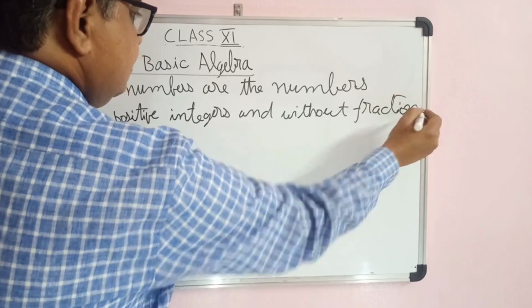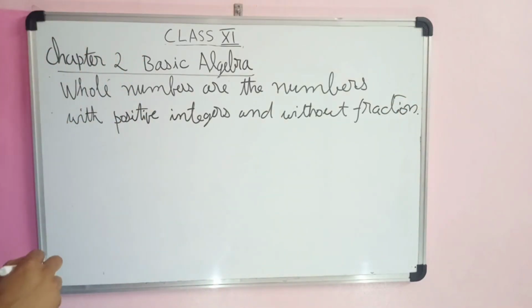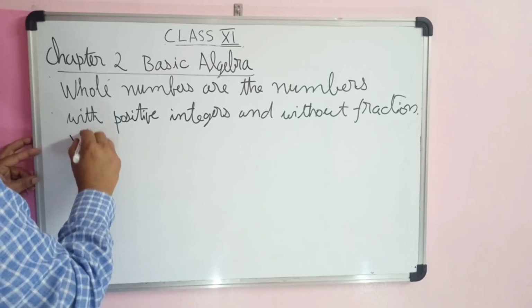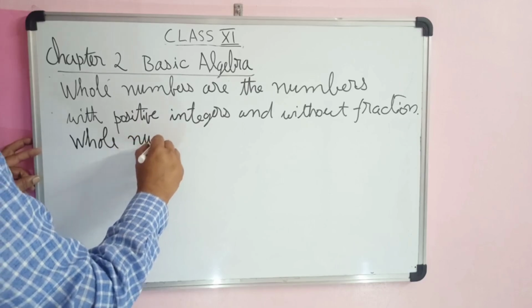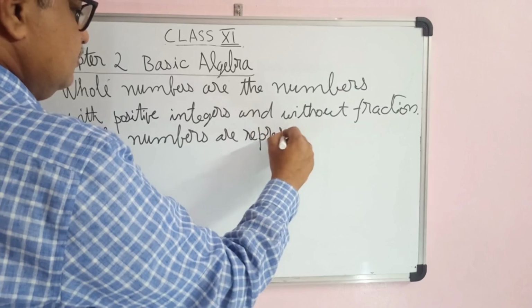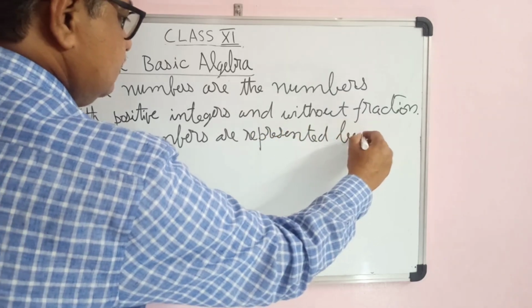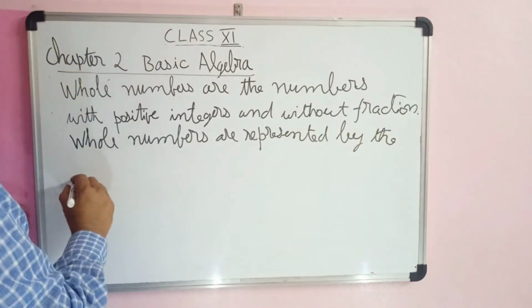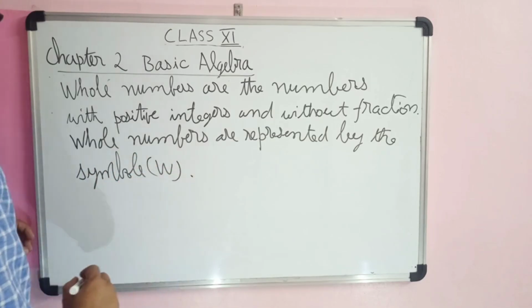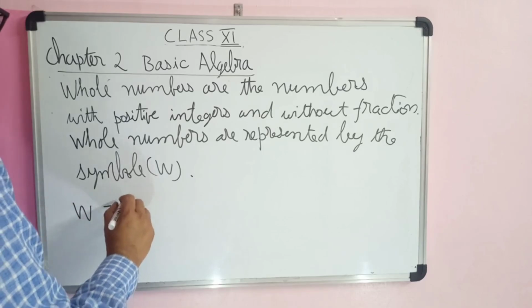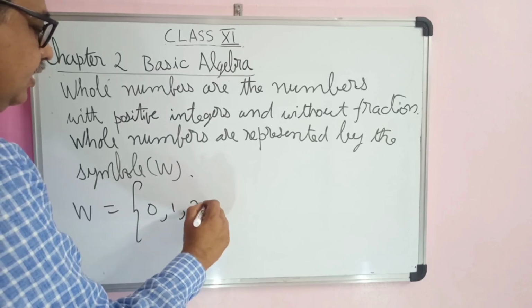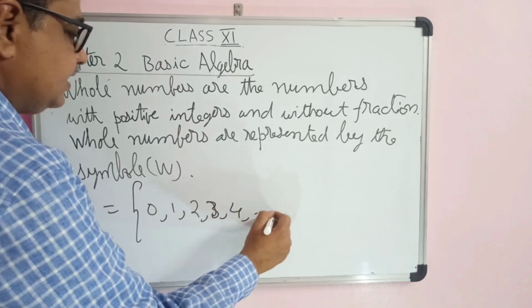Without fraction, they are only positive integers. Whole numbers are represented by the symbol W. W is equal to, whole numbers start from 0: 0, 1, 2, 3, 4, etc.